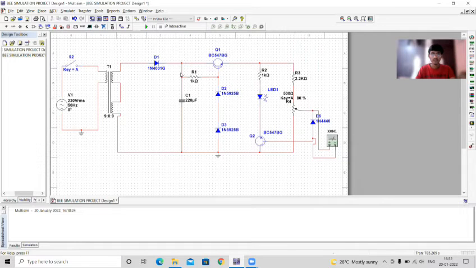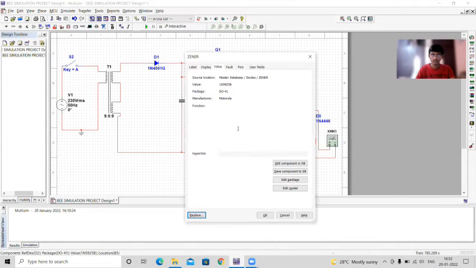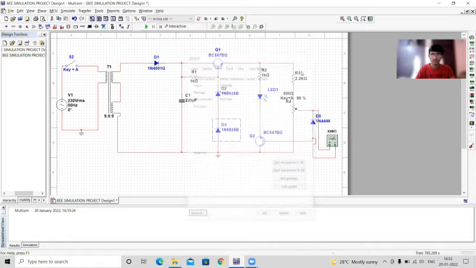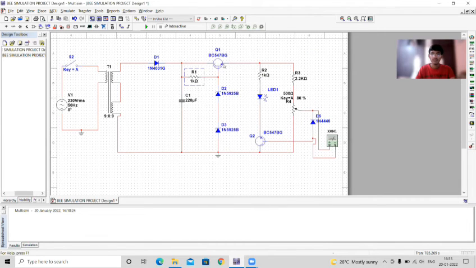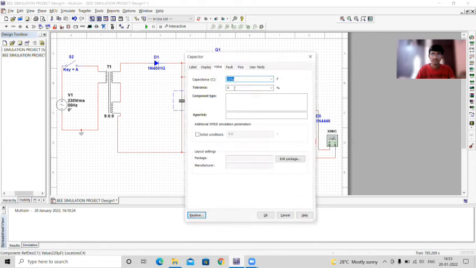So now this transistor is connected directly to the two Zener diodes, that is D2 1N5925 and another one D3 1N5925B. And second, this diode is connected to a resistor which has 1 kilo ohm in between the BC547BG transistor, and this resistor is also connected to the capacitor, that is 220 microfarad.